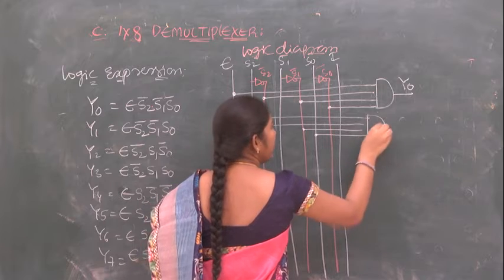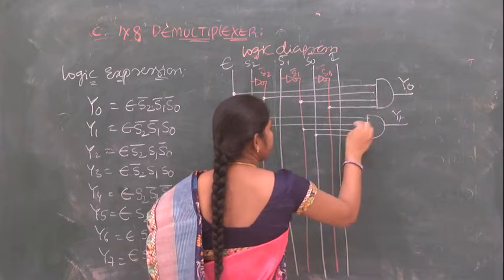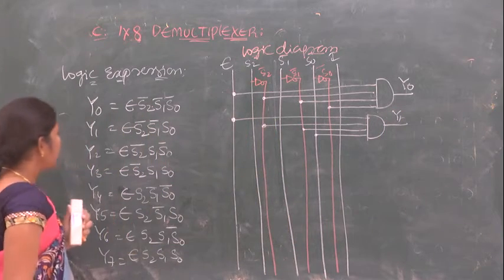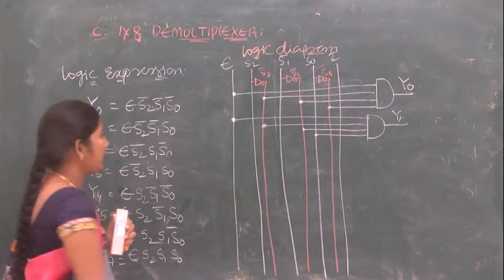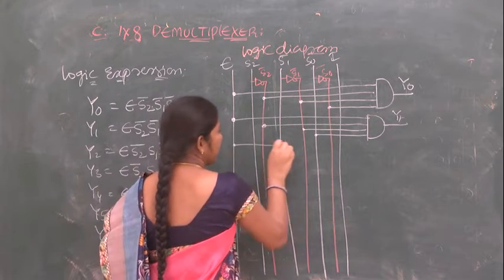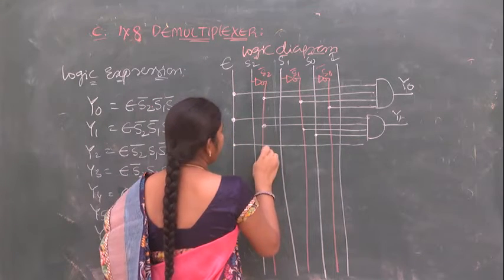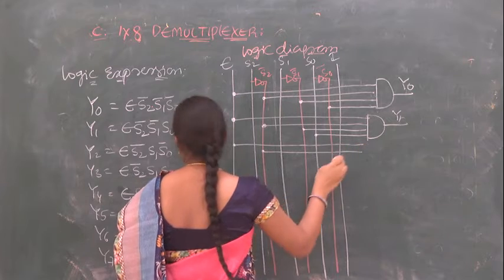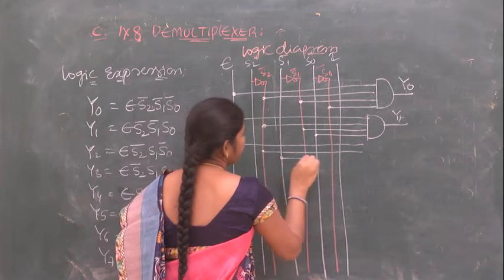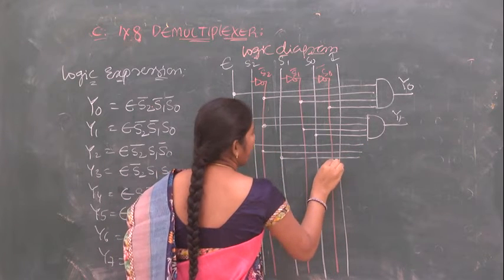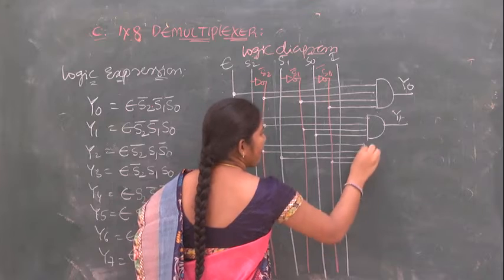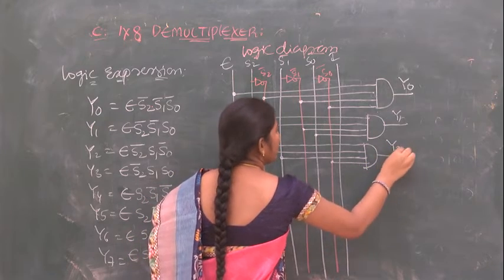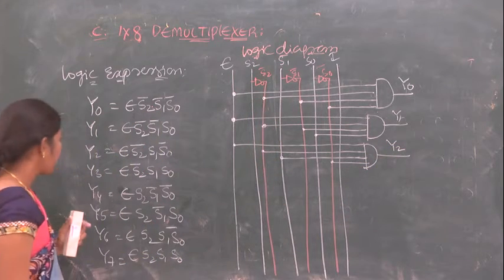So again give it to one AND to get Y1. Next is what? E, S2 bar, S1 and S0 bar. Give it to one AND. So you will get Y2.